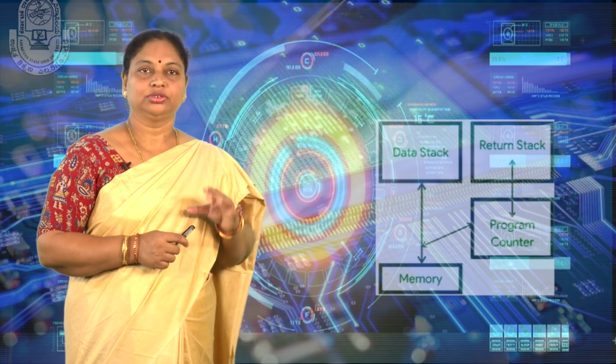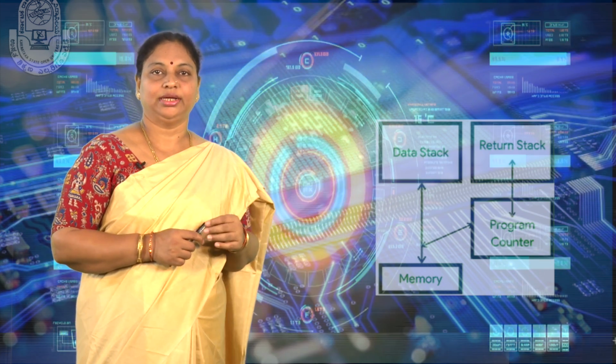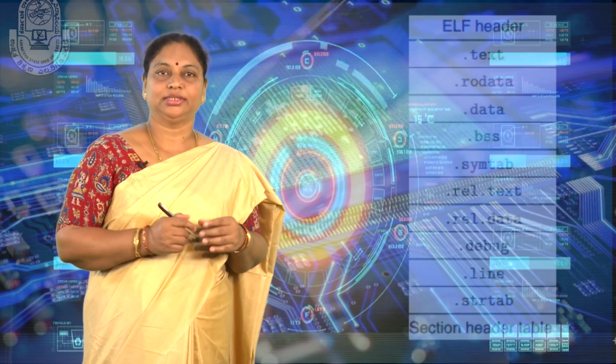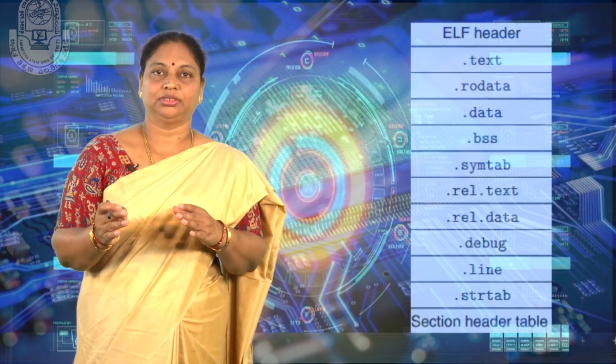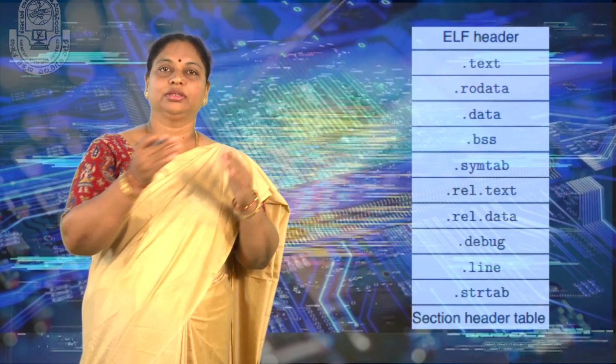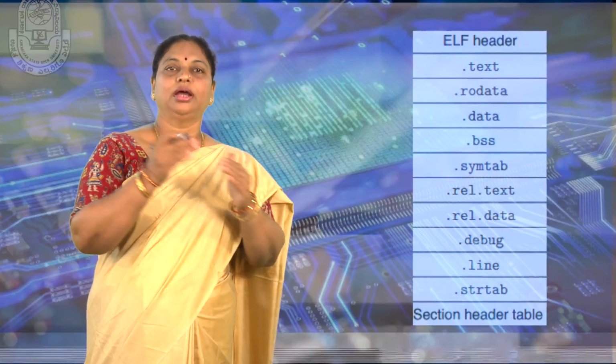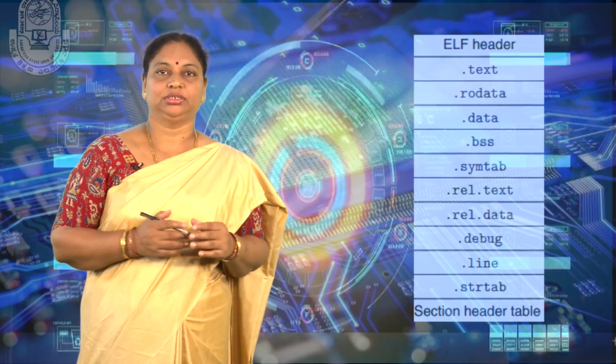They are all included in the stack. Then we have the data section, which contains the global variables which are common to the main program as well as the functions.